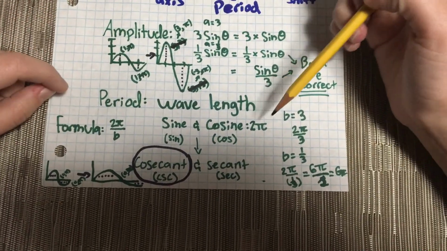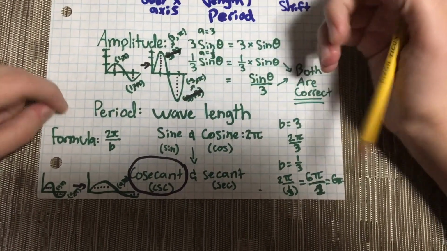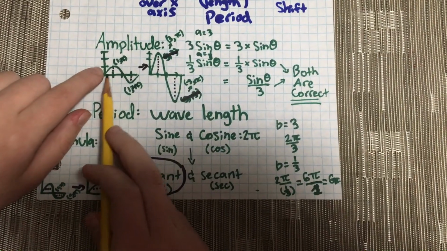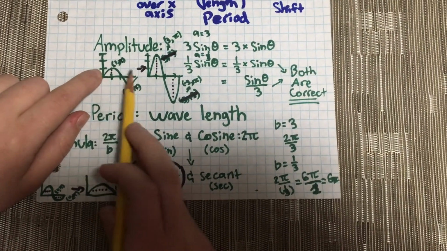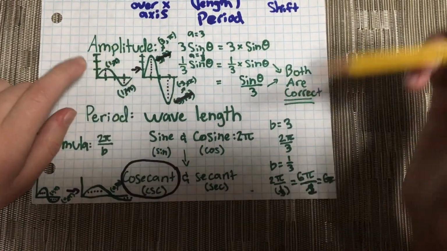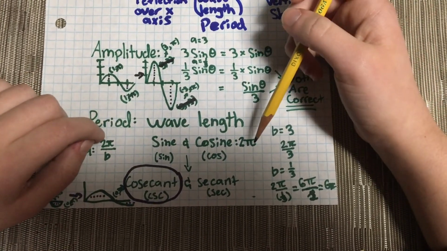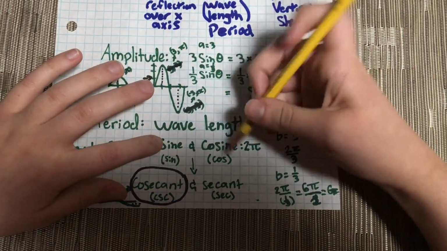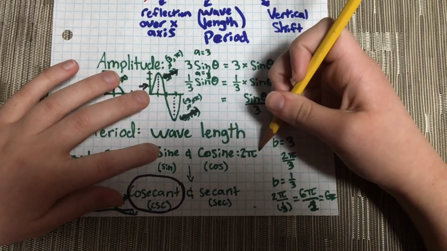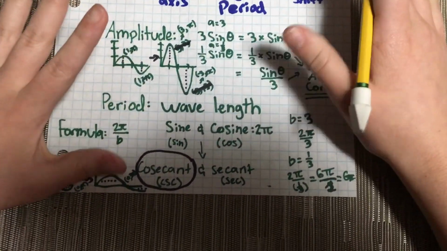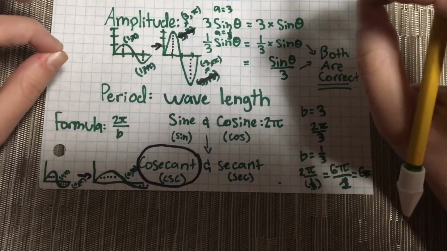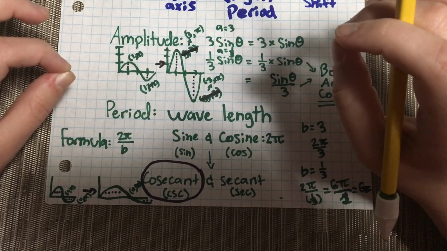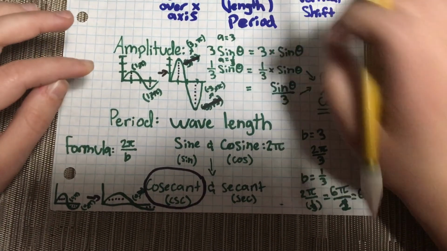So the period is the wavelength. For example, this is one wavelength. The typical wavelength for sine and cosine is 2 pi. We're talking in radians. In degrees, that would be 360.